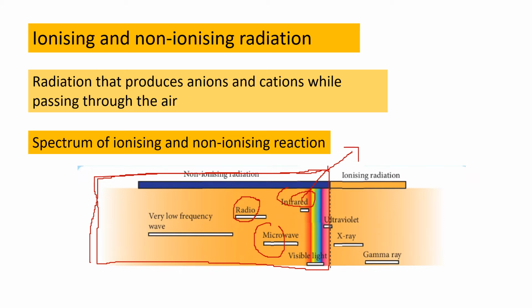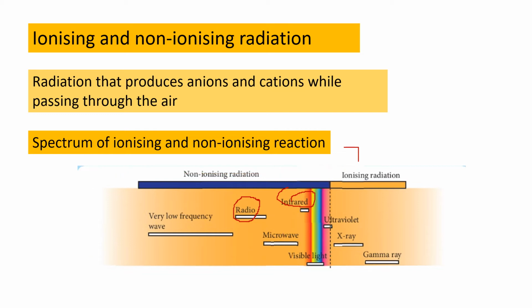You know how night vision goggles, yeah, they're infrared, right? Very low frequency waves. This one is not in your syllabus, but yeah. Then visible light. This is the endpoint, right? These are types of non-ionizing radiation, where they do not disrupt the balance of the charges in the air.